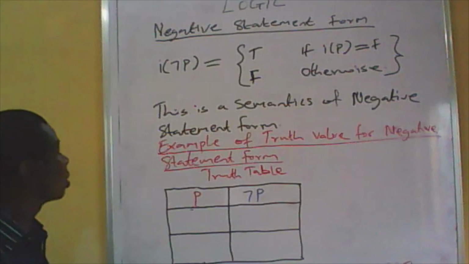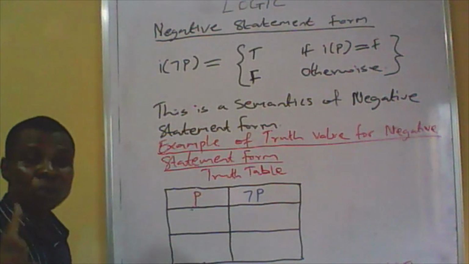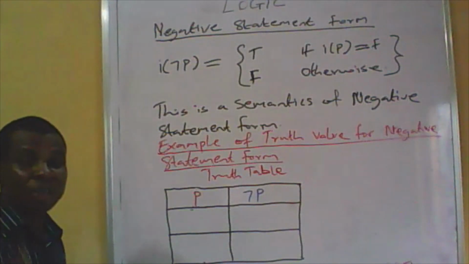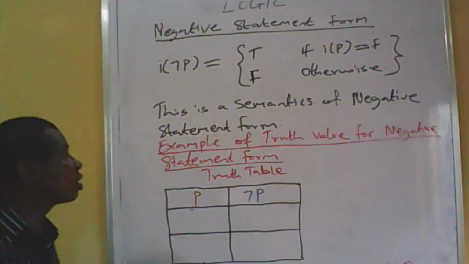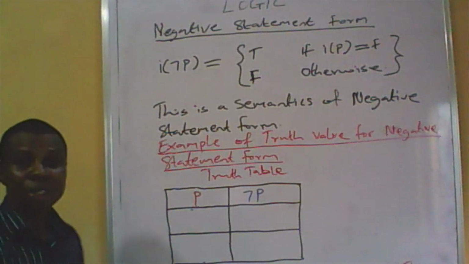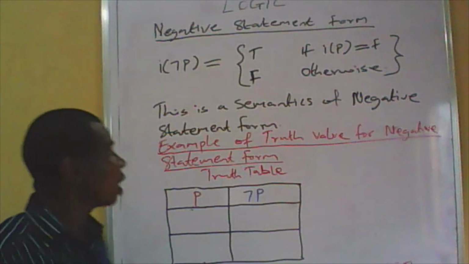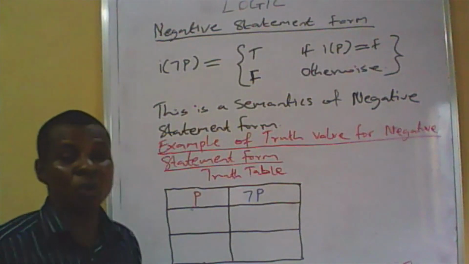That means we are going to have only 2 rows, because the formula to determine the rows in the table is 2 power n, where n stands for the number of simple statements in the statement. Now we have only 1, that means 2 power 1, which is equal to 2.